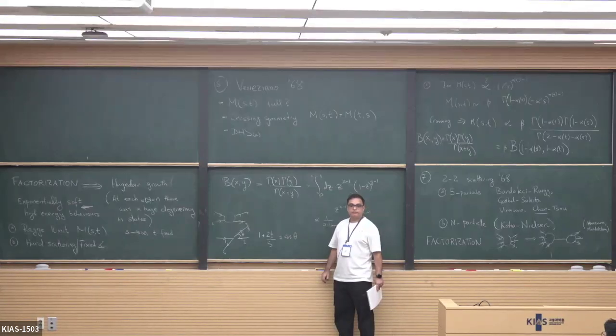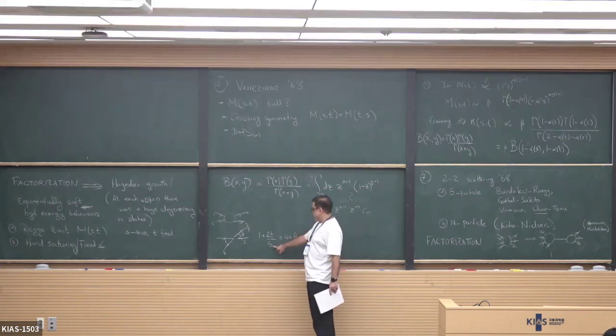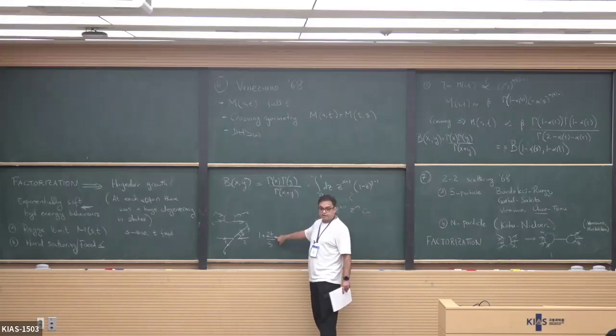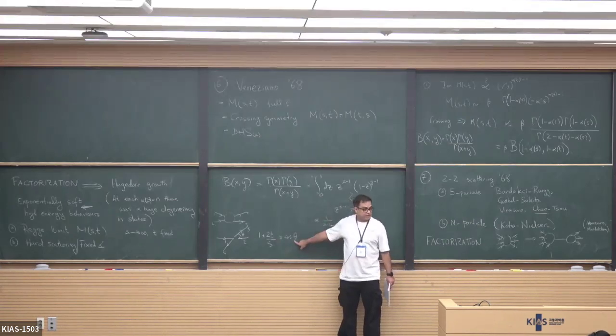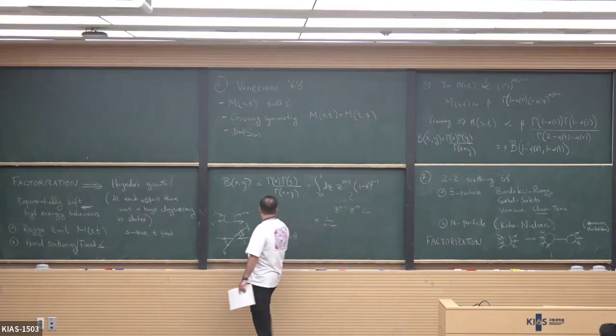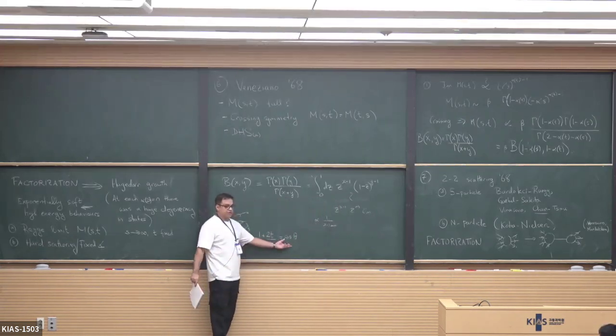Any questions? So fixed angle means that you send s to infinity, but you want to keep the angle fixed. So that means that you have to send t to infinity as well. And in order to be considering physical angles, you have to consider negative t, because imagine that you send s to plus infinity and you also try to send t to plus infinity, then cos theta would become plus infinity. So that would be an unphysical limit.